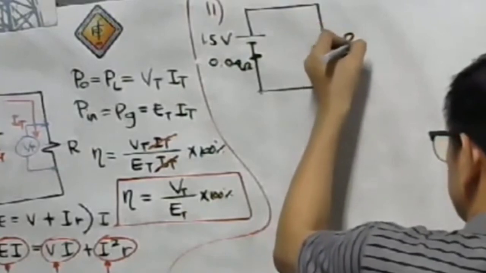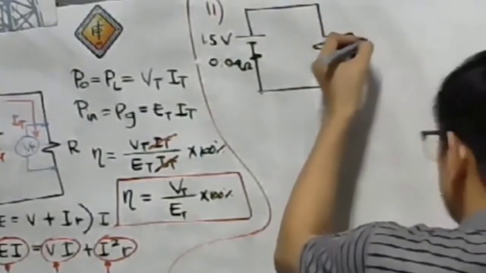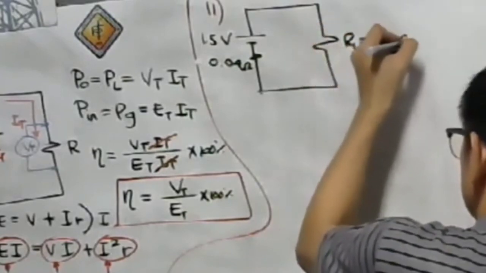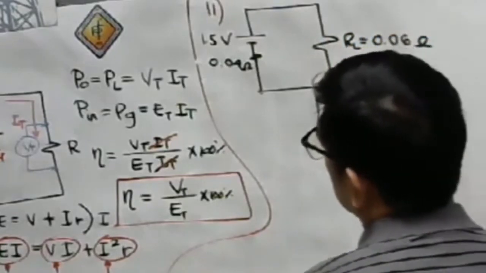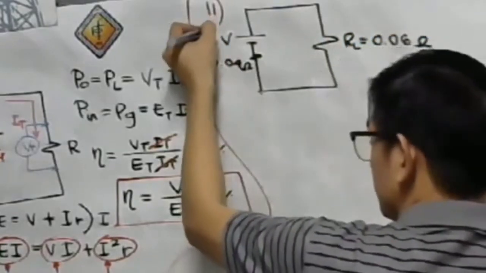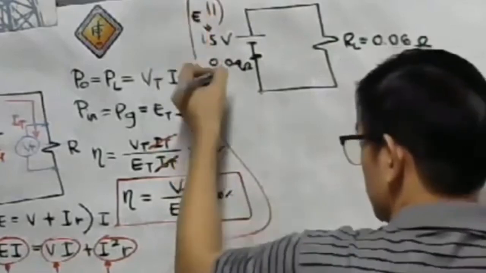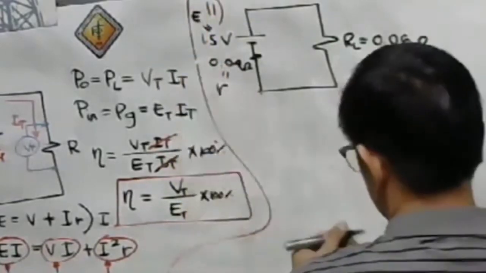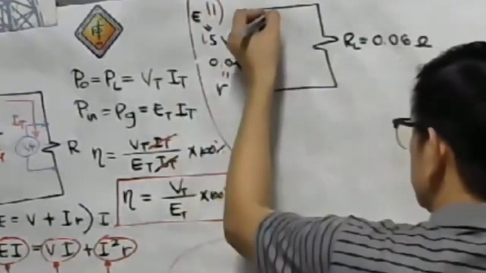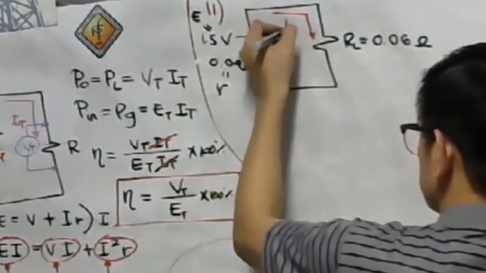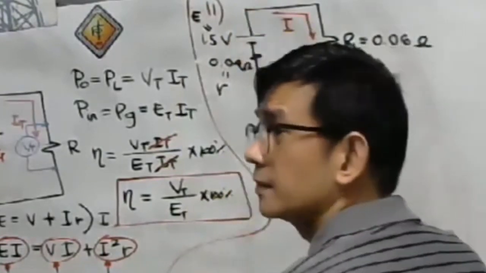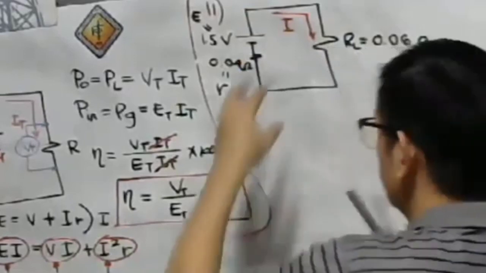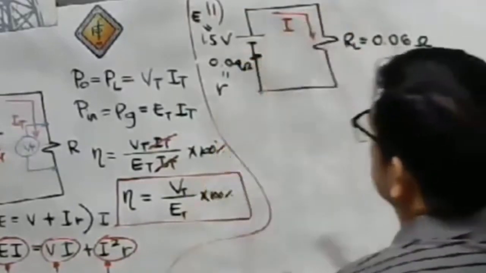So our load resistor is 0.06. Okay, so this is our E. This is simply our small r. Then we have here our current flowing. What is the power delivered here?